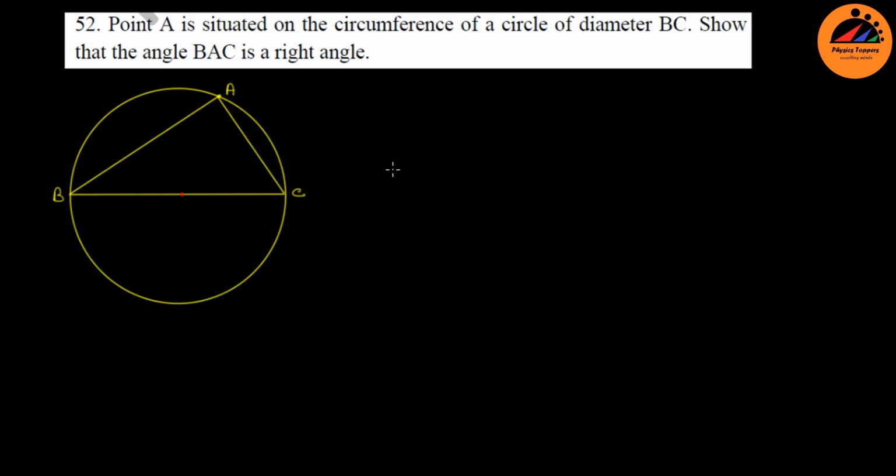So you need to prove that this angle is 90 degrees. You need to prove that, it's not given. Okay, so what we shall do is we shall join the center with A. Let's join that.